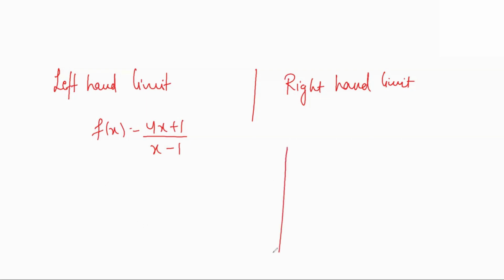So, see this. Suppose this is 1. This is 0 and this is 2. Inputs are always written along the x-axis and outputs are always given along the y-axis.